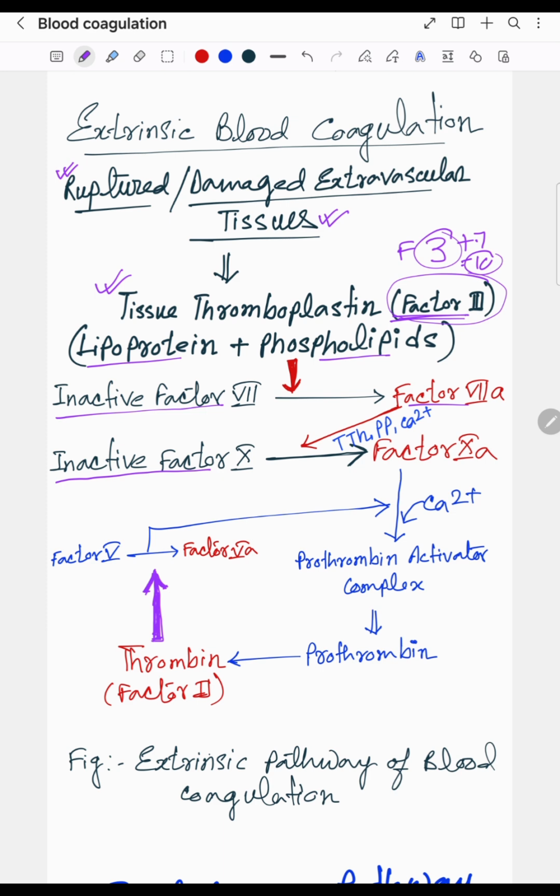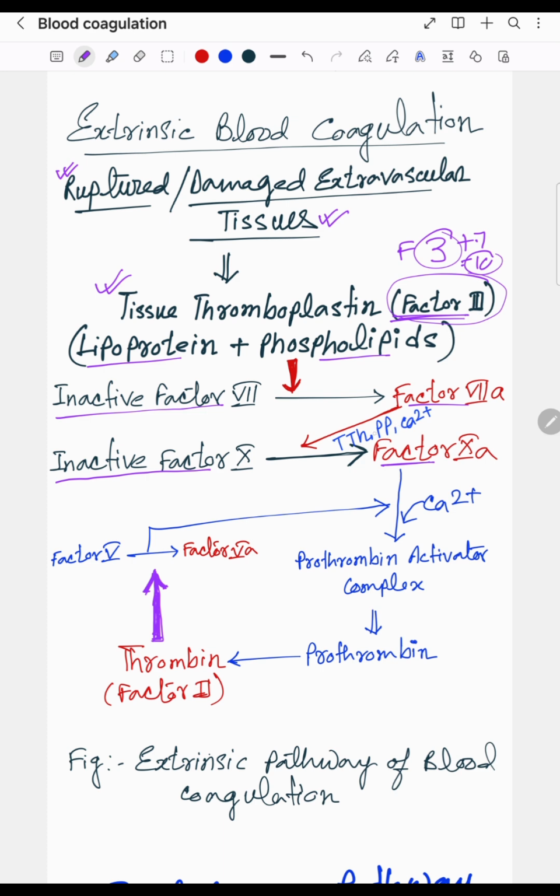So factor 10 is getting activated to its activated form, factor 10A getting converted. Inactive factor 10 is getting converted into factor 10A in presence of factor 7, and factor 3, which is TTH, means tissue thromboplastin, and PP means phospholipids and calcium.